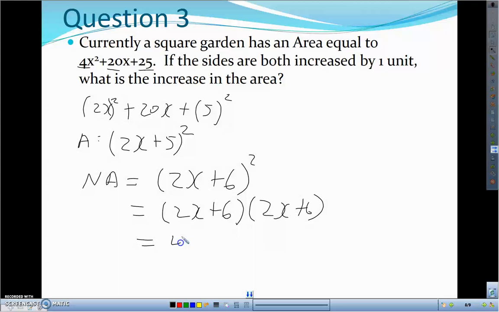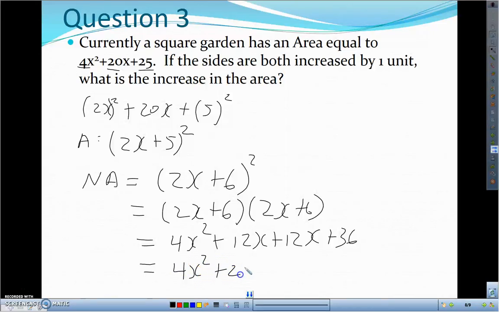This is equal to 4x squared. 2x times 6 is plus 12x plus 12x plus 6 times 6 is plus 36. Simplify. 4x squared plus 24x plus 36. And how we answered the question, it says what is the increase in area? So what we should be doing is we should take this expression here and subtract the original expression.